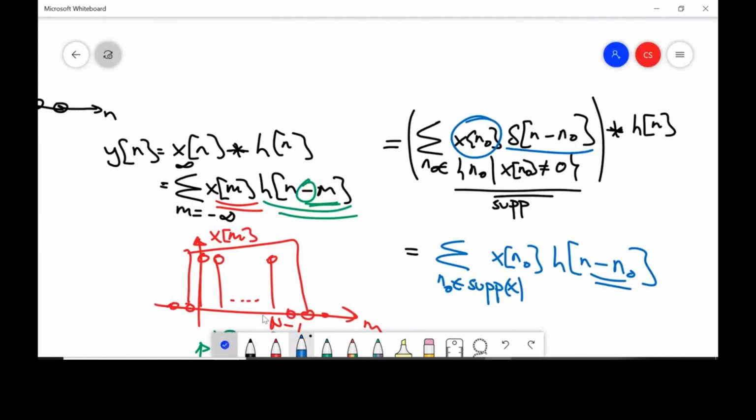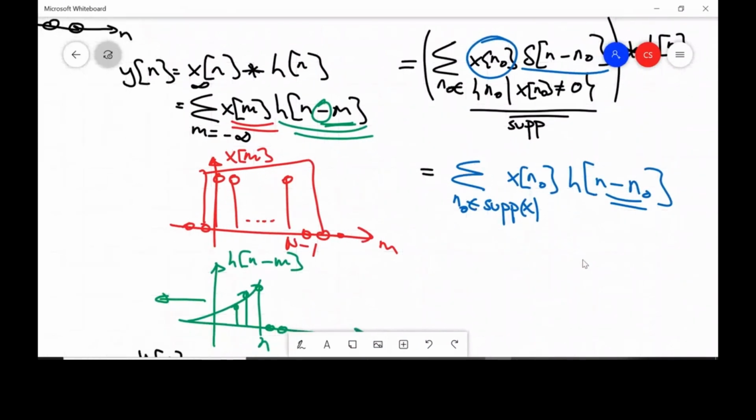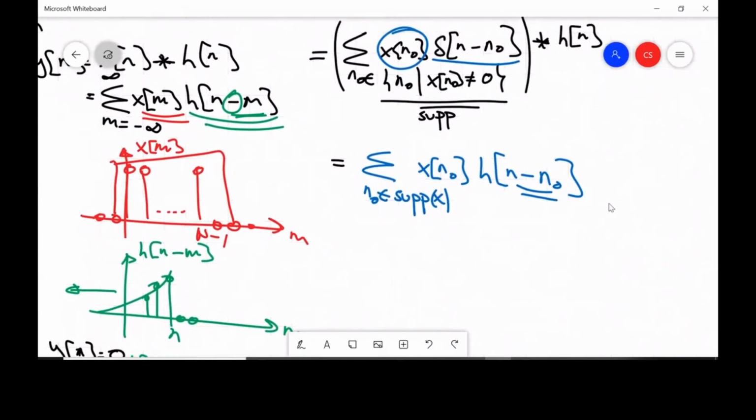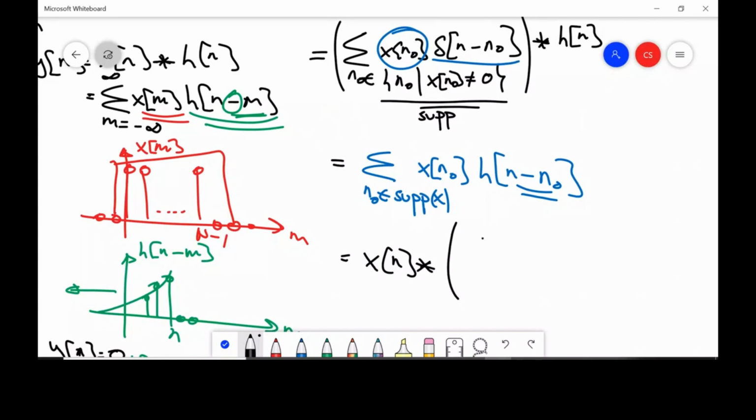So instead of expressing x of n as a sum of deltas, I could express h as a sum of deltas. So I do the same trick as before, for all the points in the support, but now the support of h, and this will be h of n0, and then the delta there.